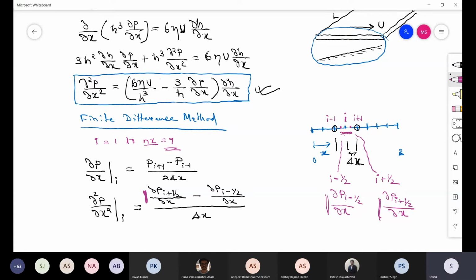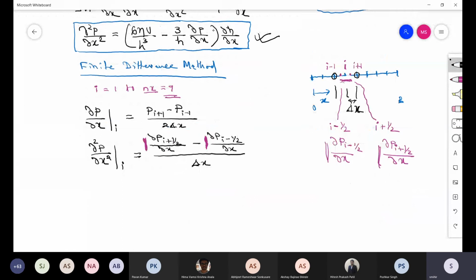Any doubt? These two are known. Let me move forward and write the next expression, then we'll understand completely. So what are we doing then? What is the value of this del p at I plus half by del x?